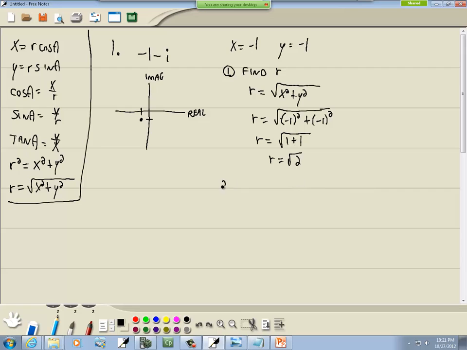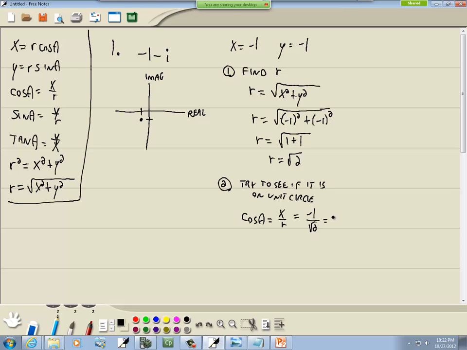Now the second item we're going to do is try to see if it is on the unit circle. How we do that is cosine theta is equal to x over r. Well, x we said was -1, and r is the square root of 2.